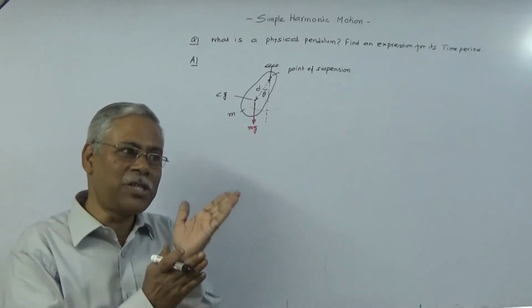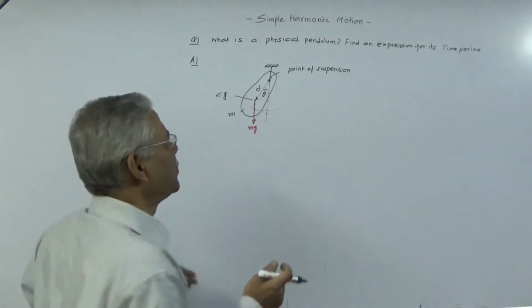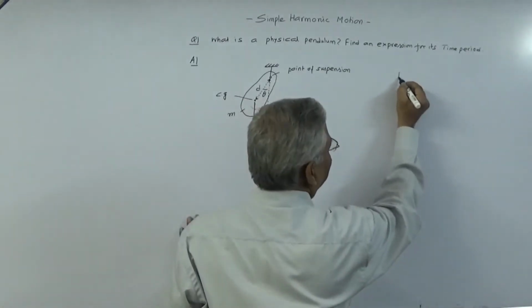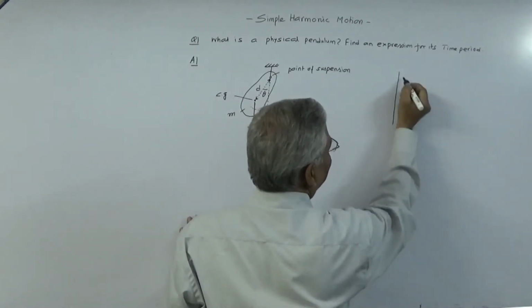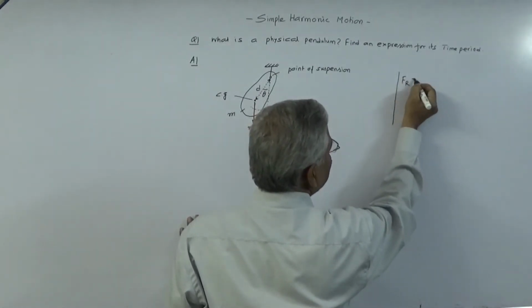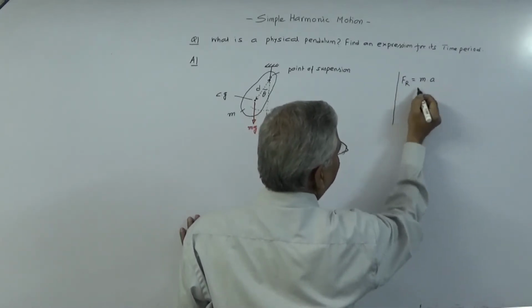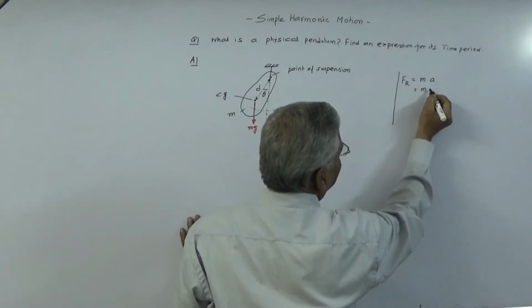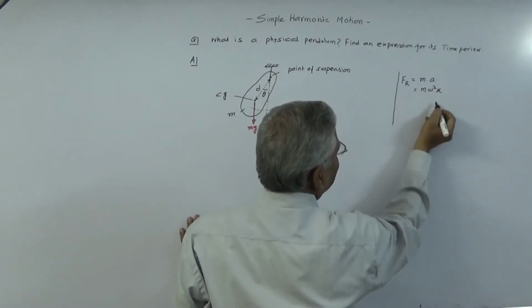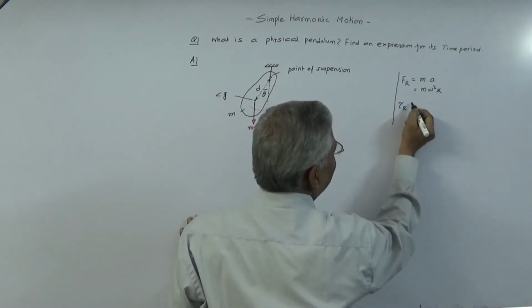What is the formula for restoring force? Restoring force Fr equals m into acceleration, m omega square x. So what should be the expression for restoring torque?